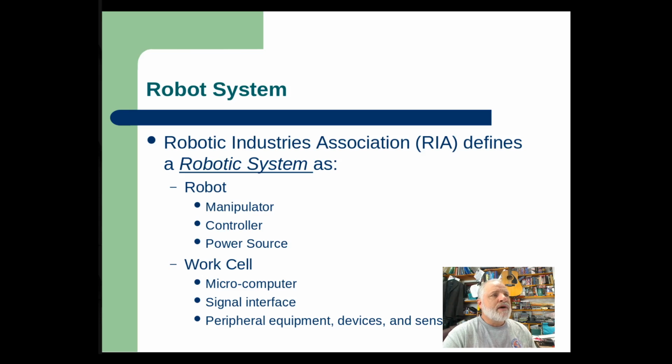And the second part they just classify as the work cell, which could be the micro computer, PLC devices, HMIs, signal interfaces, all the other peripheral equipment that is needed to make a functioning work cell.